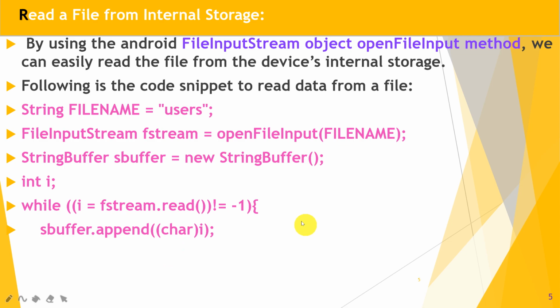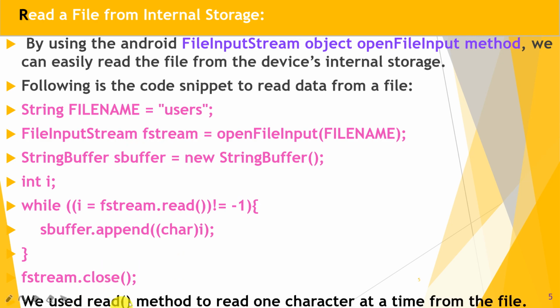Guys, hope you understand. Until then you can read the whole data from the file and store that data into the sbuffer object. Sbuffer is the object of the StringBuffer class. Great guys, hope you understand. And the last one, what is the last one? You close the stream fstream properly. Great. So we used the read method to read one character at a time from the file.